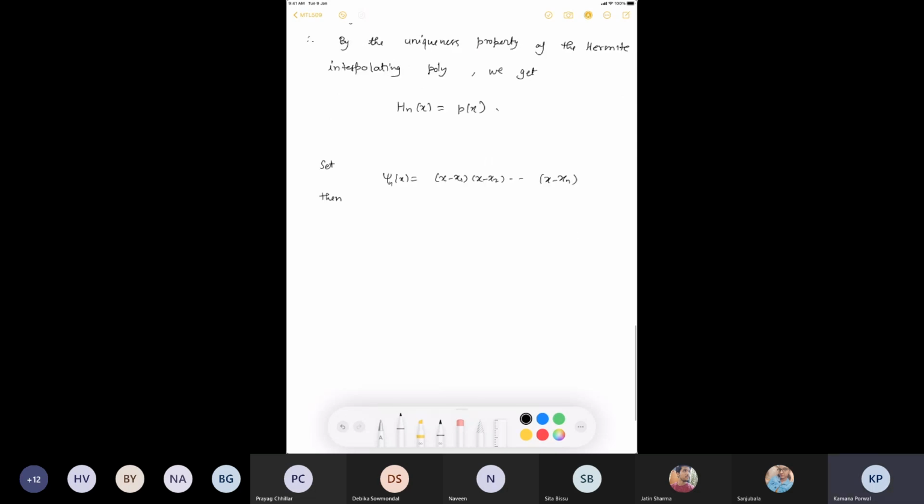Then I can write the interpolation error as f(x) minus p(x), and p(x) is our Hermite interpolating polynomial now. So this will be psi_n(x) squared times the divided difference of f evaluated with these arguments.